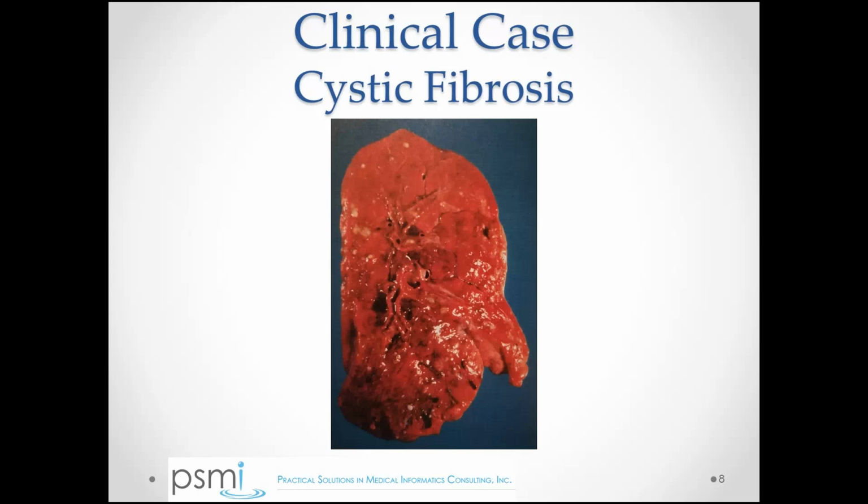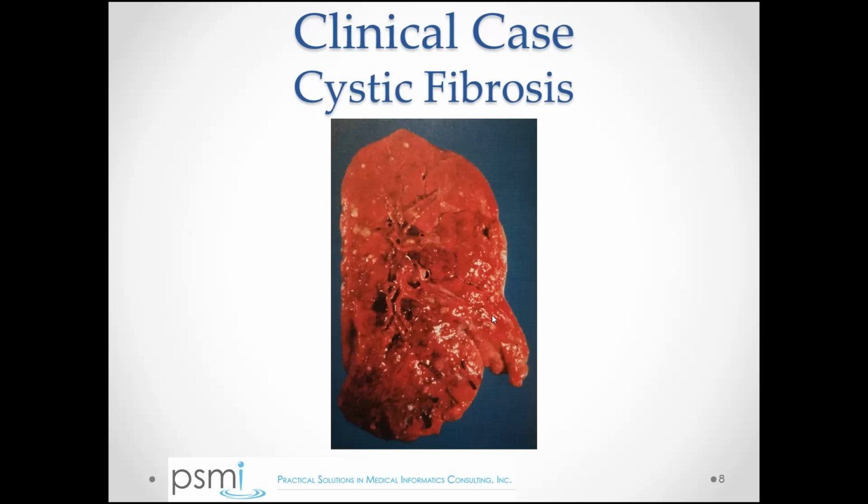But with cystic fibrosis, we're starting to dip our toe in the water of precision medicine, where the treatment is not based purely on the fact that the gene is affected, but rather the specific treatment that's used for cystic fibrosis is really dependent on the specific mutation.